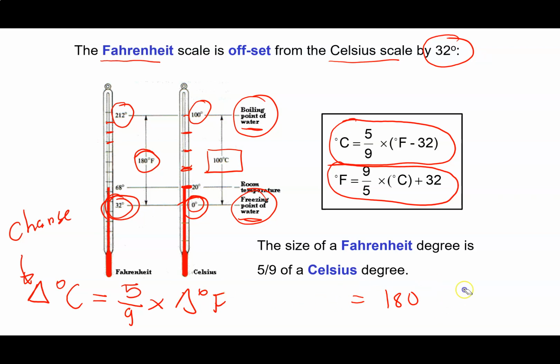So if you're only interested in how the temperature is changing, you don't have to worry about the offset of 32 degrees. Similarly, the change in temperature in Fahrenheit units is equal to 9/5 times the change in temperature in Celsius units. That makes things a little simpler. So if you're dealing with the change in temperature, you can ignore the offset.